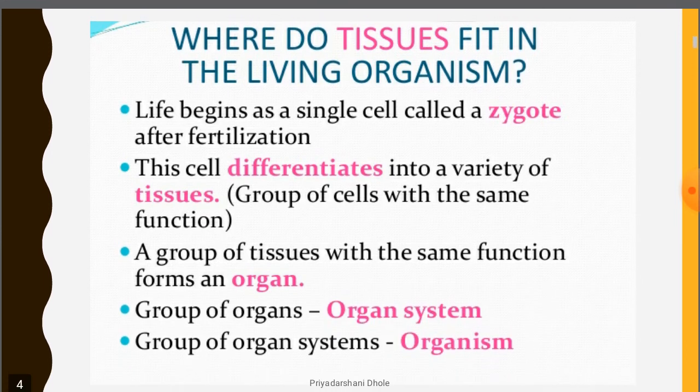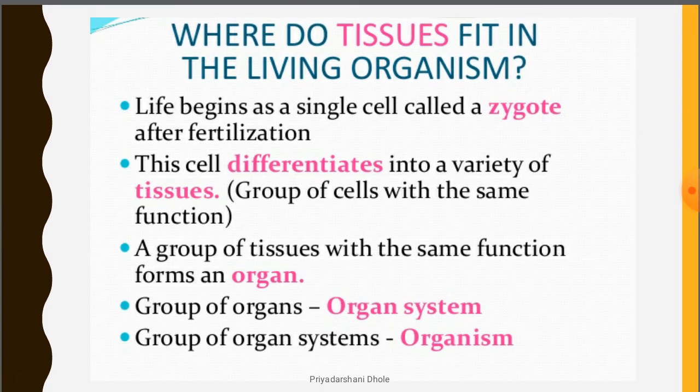Now, where do the tissues fit in living organisms? First off, life begins as a single cell, and this single cell is called a zygote. The zygote is formed after fertilization, the mating of male and female, a combination of sperm and egg.